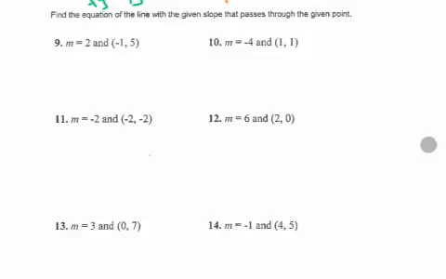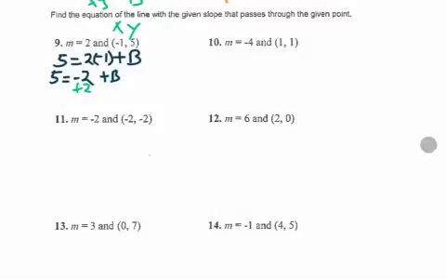Okay, so take a look at number 9. Again, y equals mx plus b, so I'm going to replace my y with a 5 equals 2 times my negative 1 plus b. And again, here's my x and y. This is where I'm stealing x, y, so they're filling in the appropriate spots there. There's my y, there's my x. So go ahead and write 5 equals negative 2 plus b.